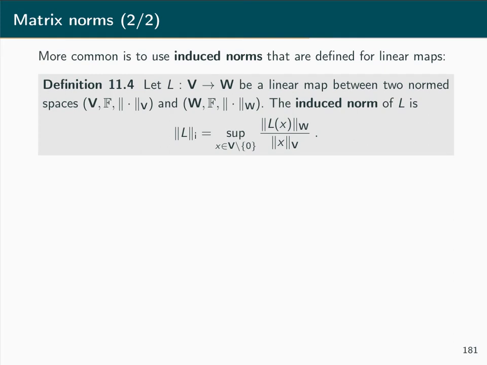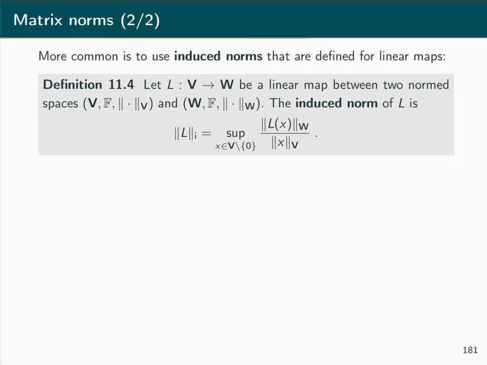More common, however, is the use of so-called induced norms for matrix norms. These induced norms can be defined more generally for any kind of linear map. And this is what's stated in Definition 11.4.